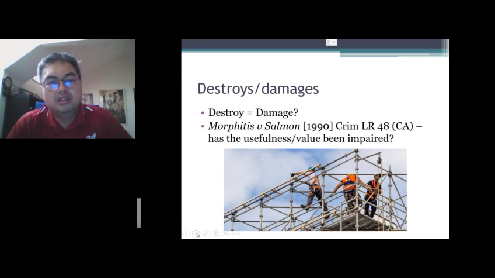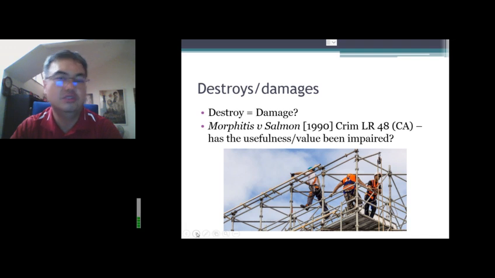Now, the court said that to define what damage is, you have to ask whether the usefulness or the value of the property has been impaired. So for the scaffolding clip, which was meant to be used in very harsh circumstances, it is expected for the clips to be scratched. Therefore, it was not considered to be damaged because the usefulness of it was not impaired.